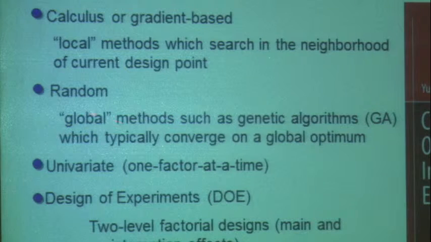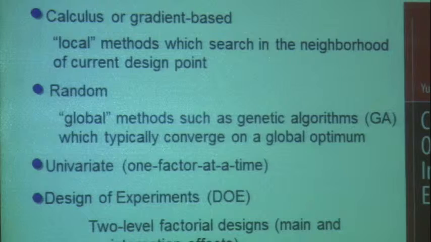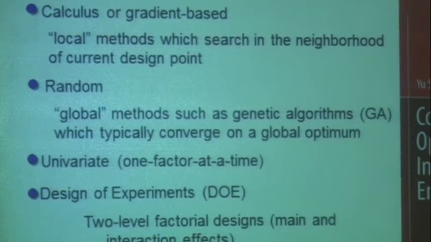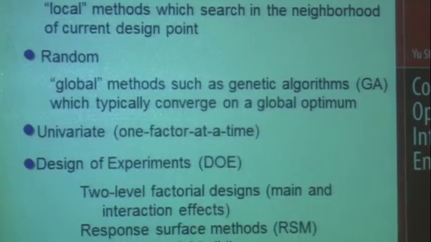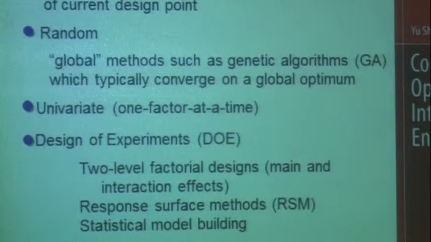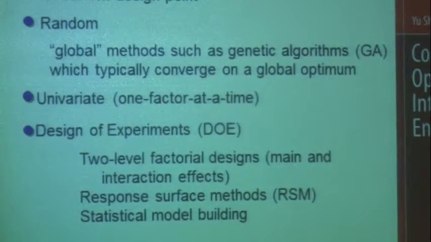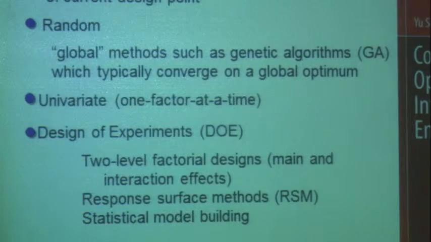So the approaches that are more random, like the genetic algorithm, seem to have more appeal. Of course, in industry, they often use one factor at a time or univariate searches or design of experiments. But we wanted to have tools that would cover a large range of variables in a search.